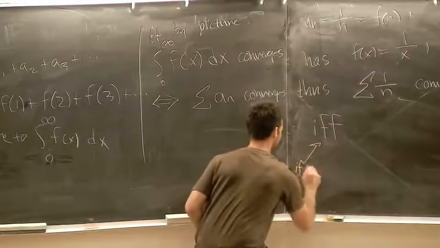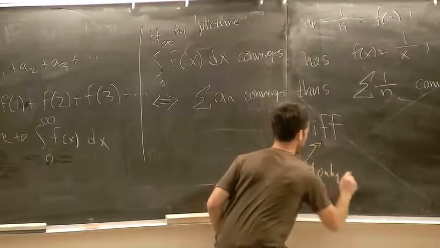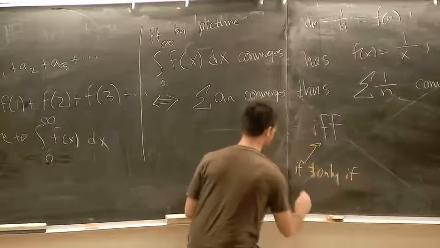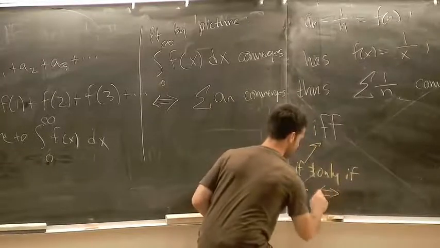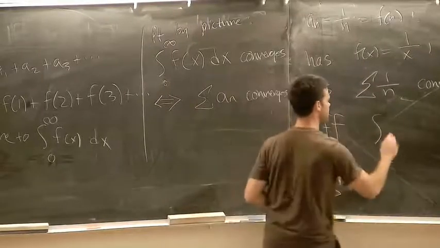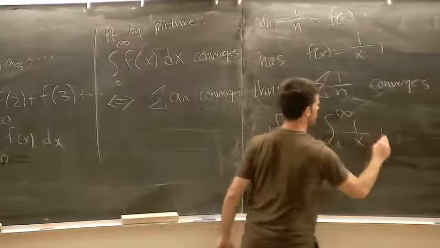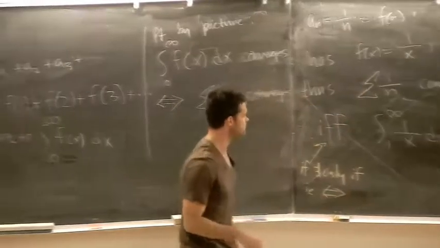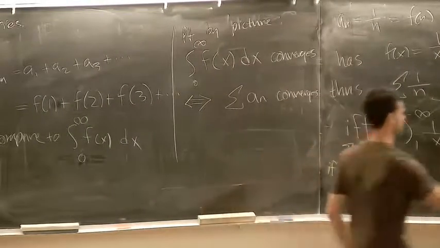That means, yeah, if and only if. It's the same thing as putting the double arrows, actually. So this one converges if and only if this one converges.